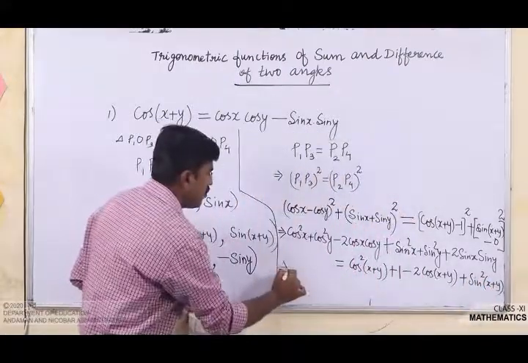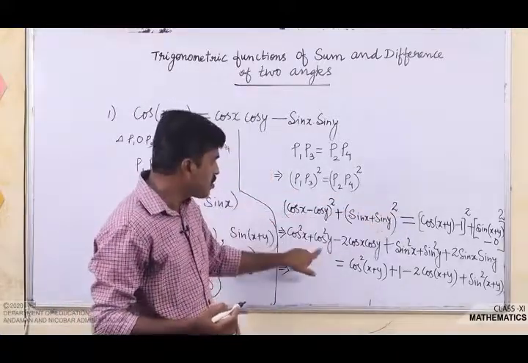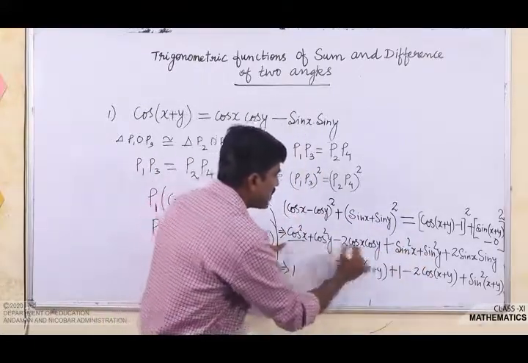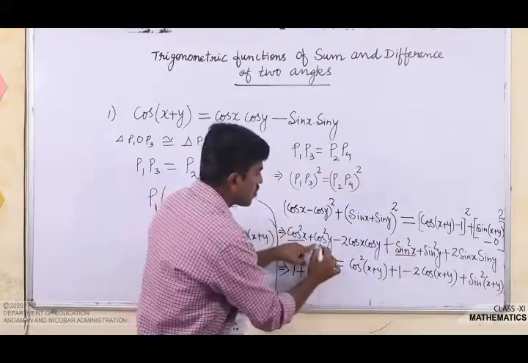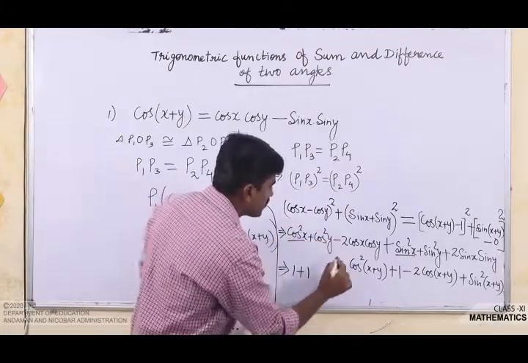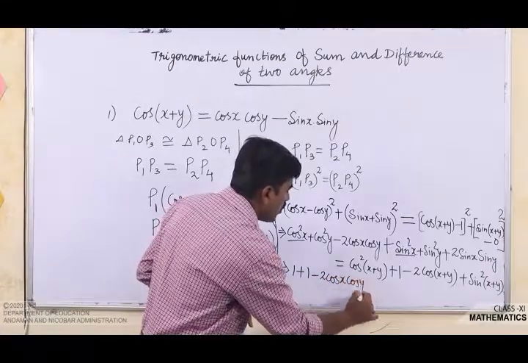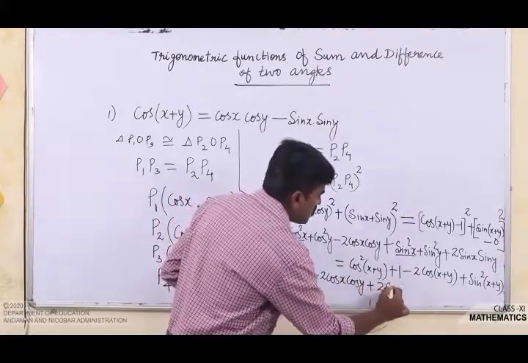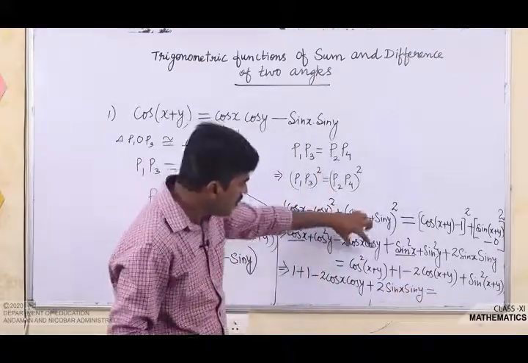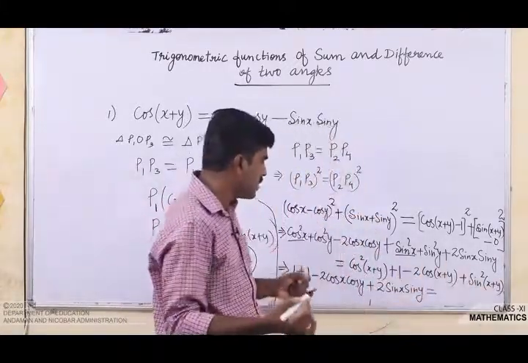Okay, now we can write cos square x plus sin square x, that is 1, then cos square y plus sin square y, that is also 1. So 1 plus 1, then minus 2 cos x cos y plus 2 sin x sin y is equal to, now here the RHS cos square of x plus y plus sin square of x plus y, that is 1.